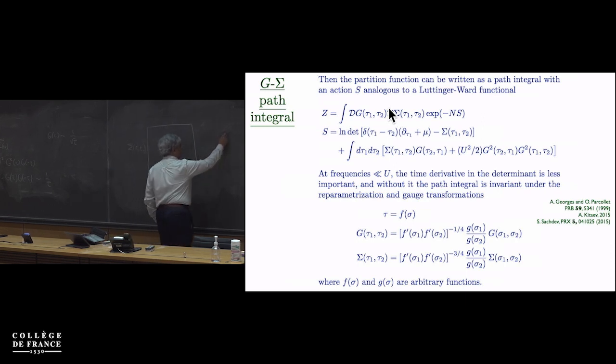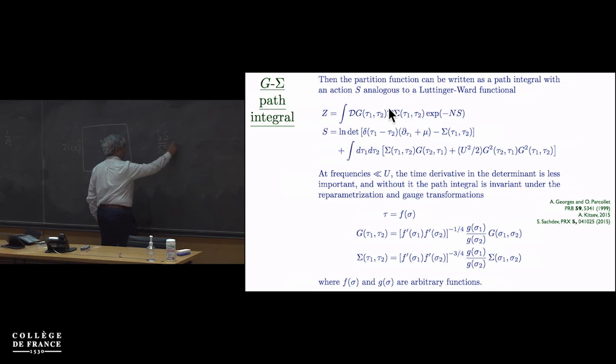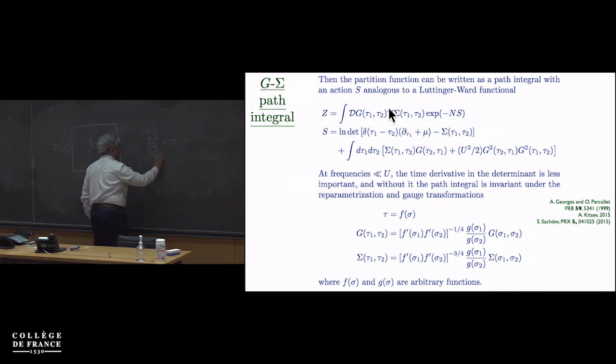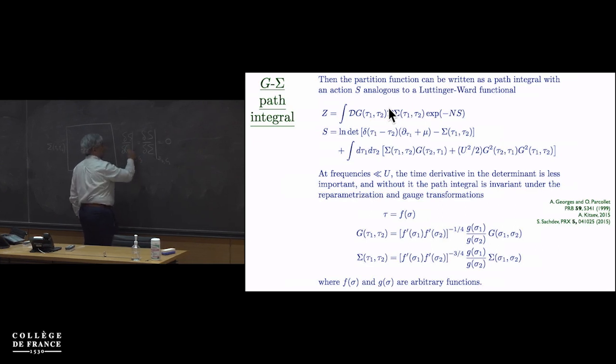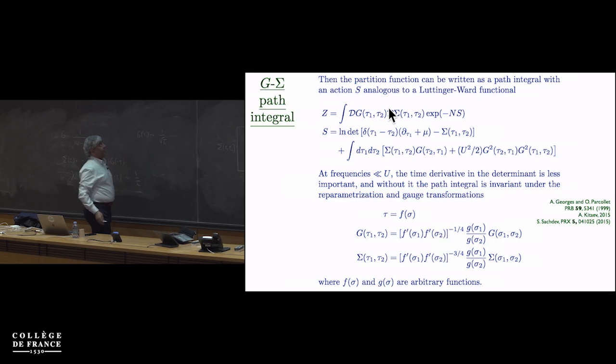So this is the action, delta S over delta sigma is equal to 0 at sigma_s, and similarly delta S over delta G. These two equations give you exactly these equations here, just written in a different way. You can check: you start with this action, and you take those derivatives, you'll get back to these equations.